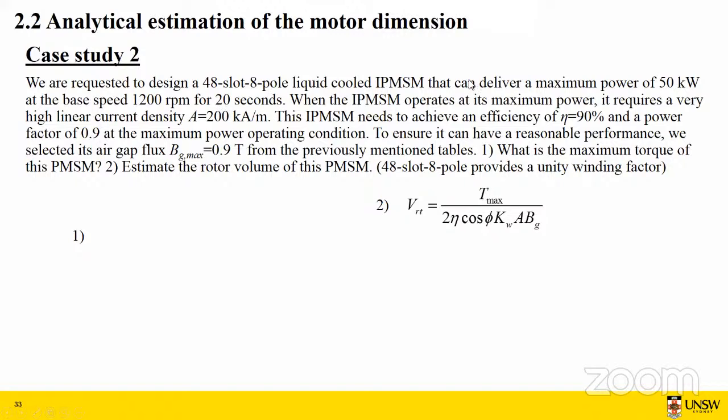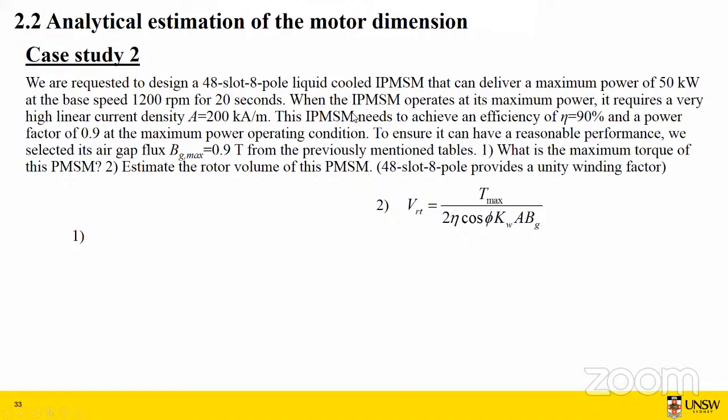Okay, so which means this liquid cooled machine can only deliver its maximum power for a short period of time due to cooling reasons. So that means when it is delivering the maximum power, its current rating is much higher than the conventional value.